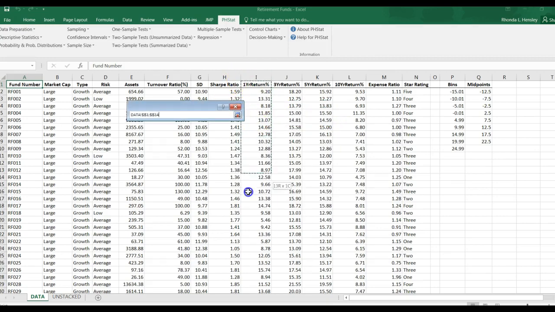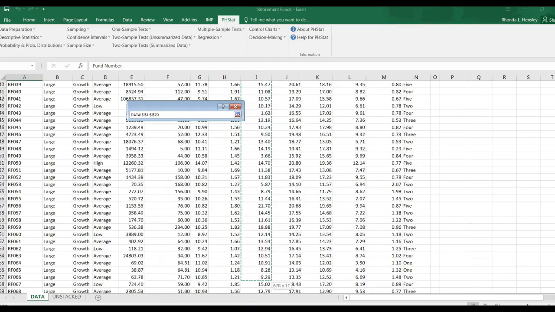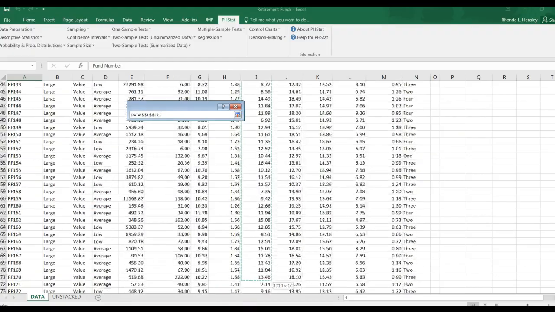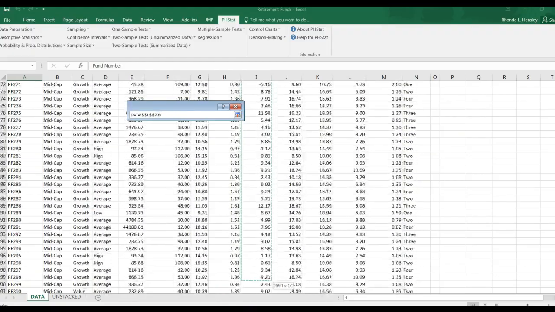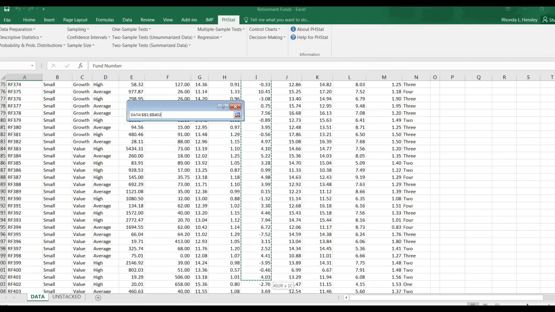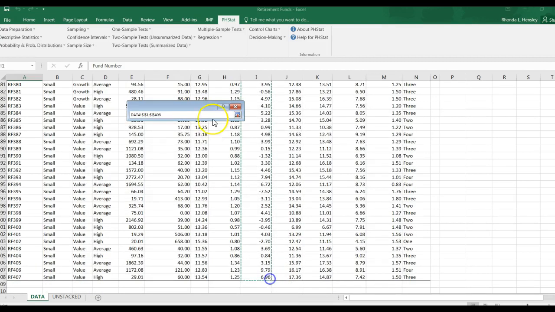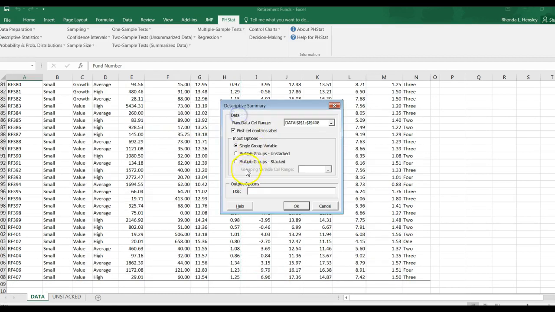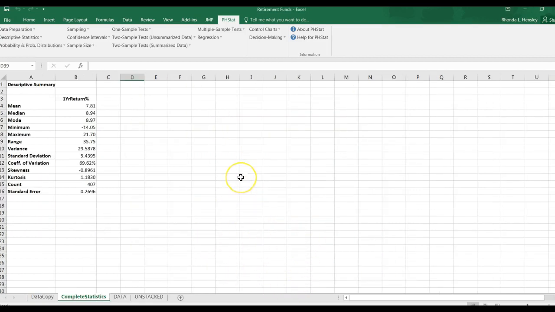So I'm going to move this so I can look around it, and just select all the way down. And then go back and single group variable, we don't have multiple groups. And our first cell did contain a label, so just say OK, and it should pop up with your descriptive summary. So here it is.